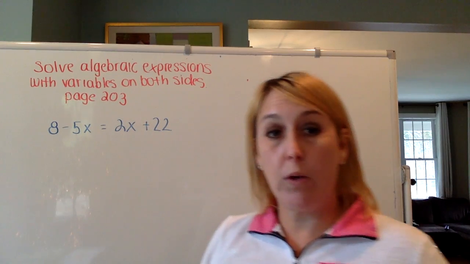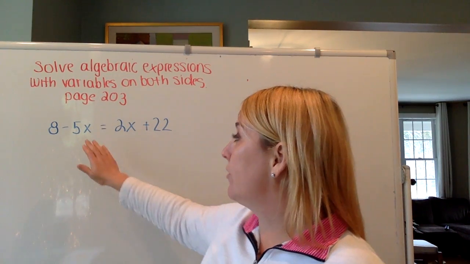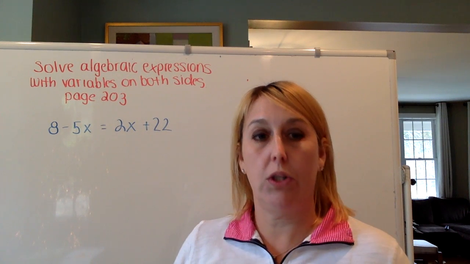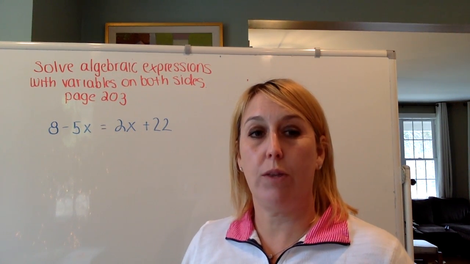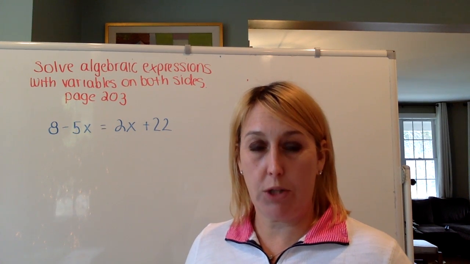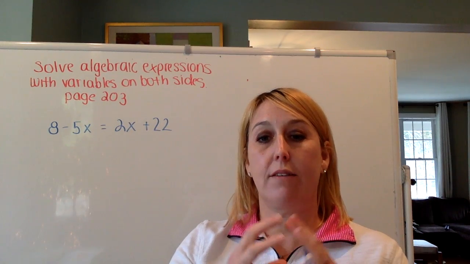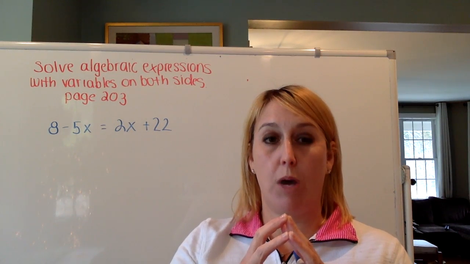The hint that I will tell you with variables, when you're going to move the variable, is you want to move the variable that has the coefficient with the smaller value. And that's just going to be easier for the operations that you do.